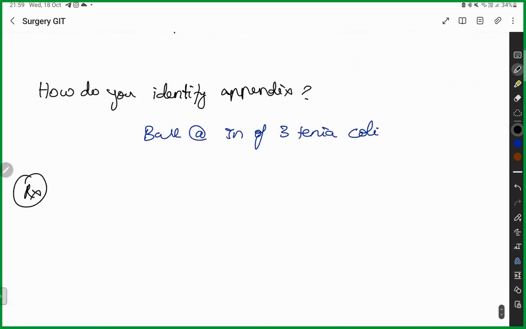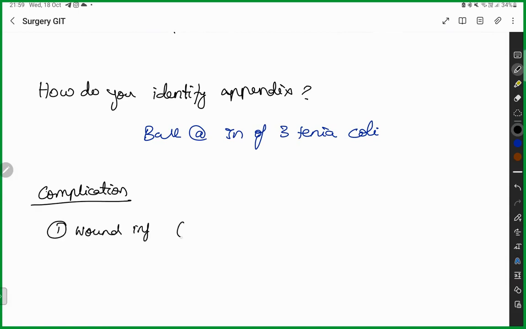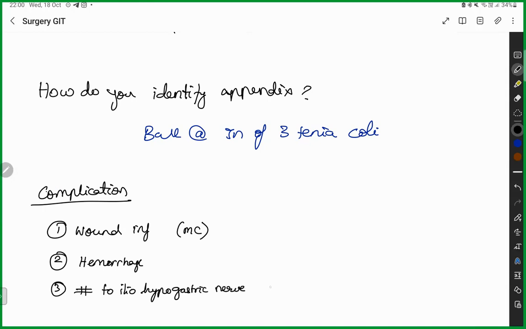Now coming to the complications, now that you know the treatment. Remember, the most common complication, as I already told you, is wound infection, followed by hemorrhage. Then you have injury to the iliohypogastric nerve, which leads to increased risk of hernia.